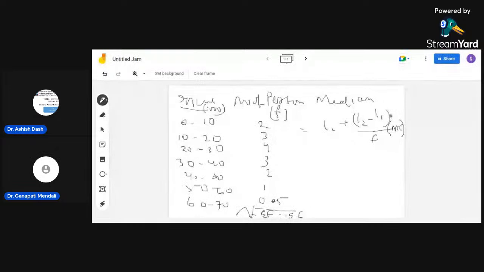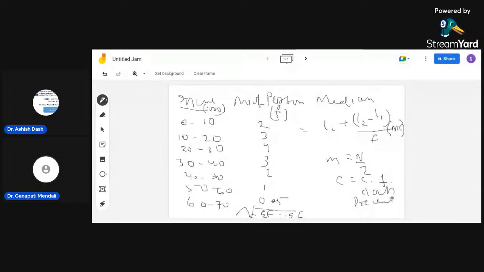L2 is the upper limit of the median class. f is the frequency corresponding to the median class. m is n by 2, where n is summation f, so summation f by 2. c is the cumulative frequency of the class preceding the median class.